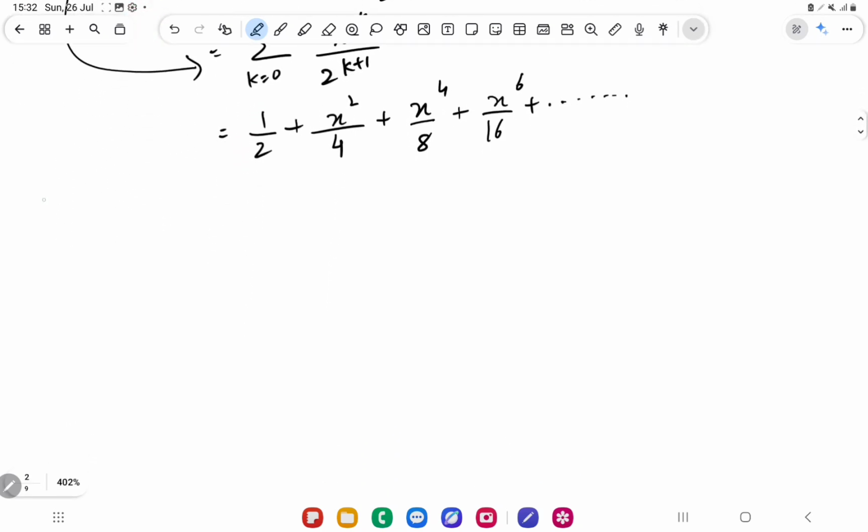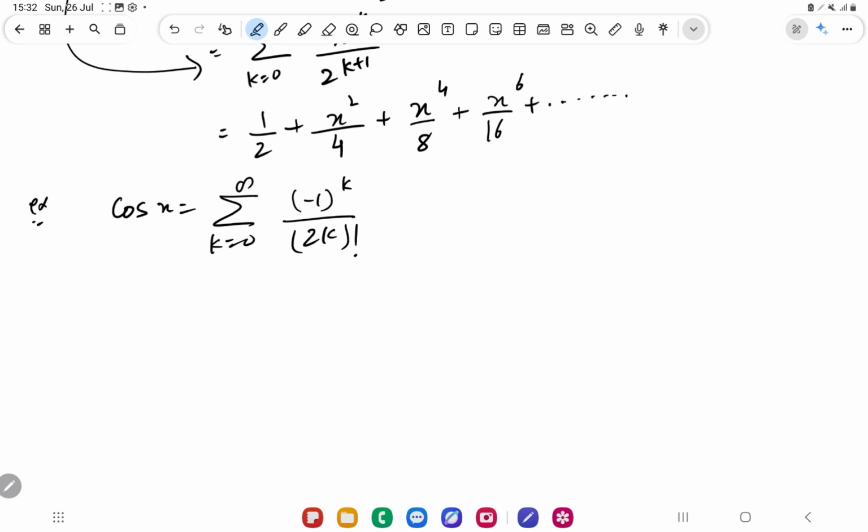Now let's try another example. We are given the Maclaurin series of cos x, that is k equals 0 to infinity, the term with 2k factorial multiplied by x to the power 2k. Now we have to find the Maclaurin series for cos x square.